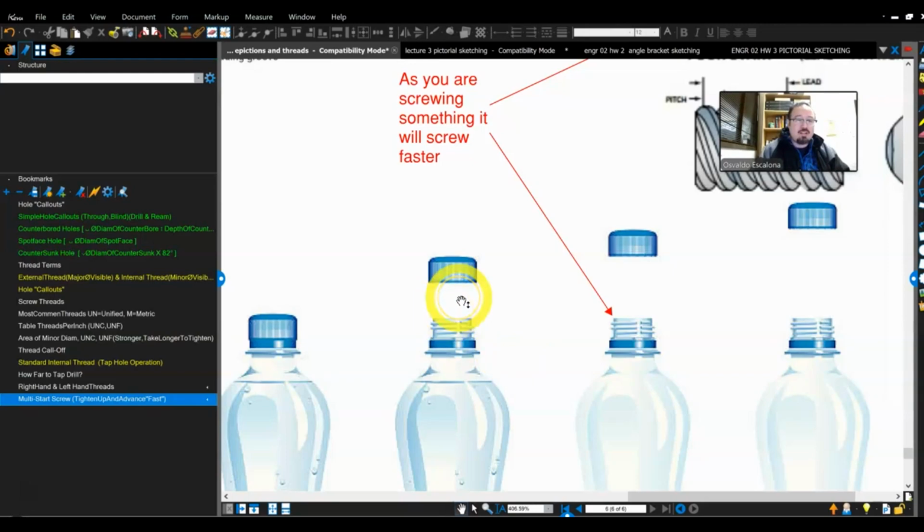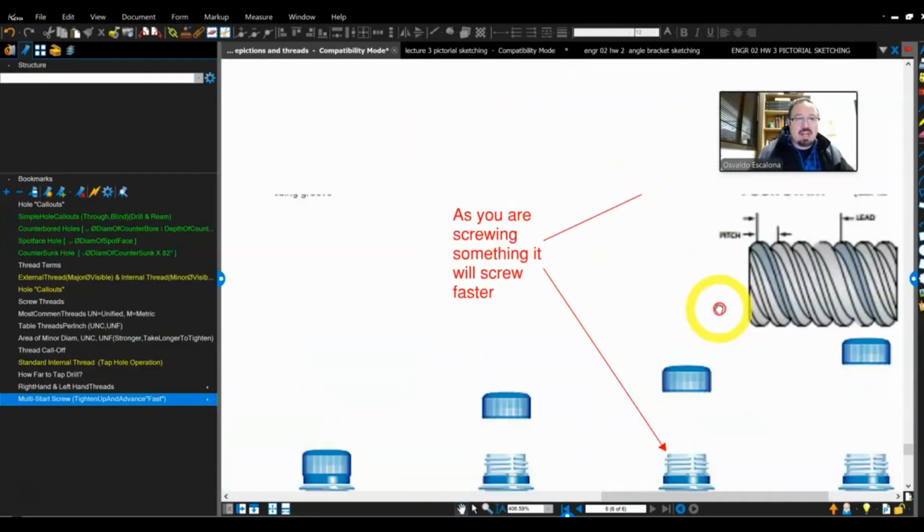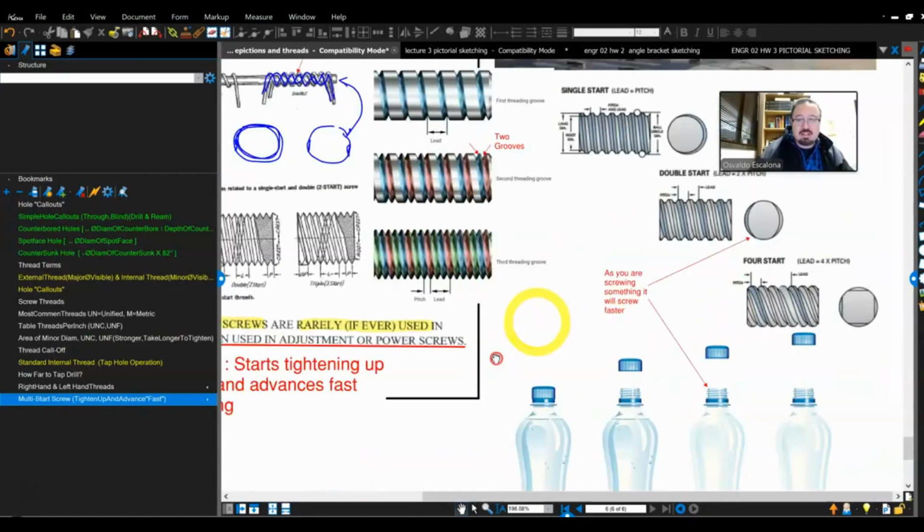But if I have double stars, I will not have to turn the cap 360 degrees. Maybe I have to rotate it 180 degrees. Now, if this guy were to have three stars or quadruple stars, instead of rotating 360, maybe I just have to rotate it 90 degrees. That is the difference between different types of stars. It allows you to screw faster.